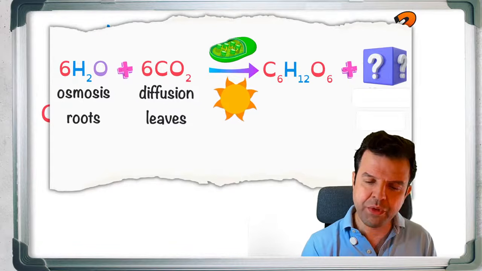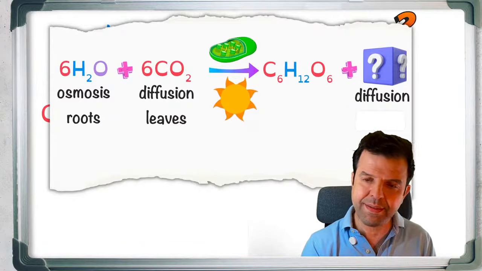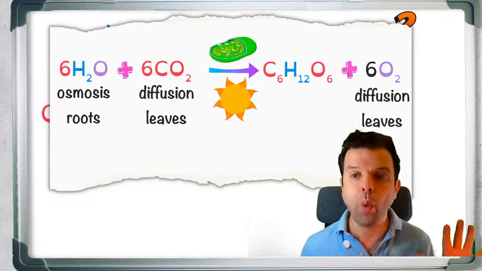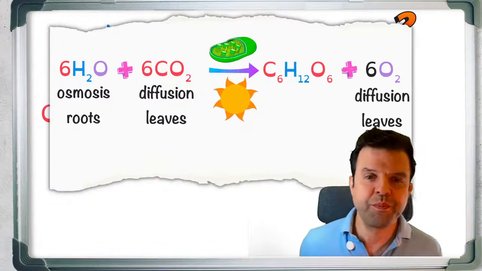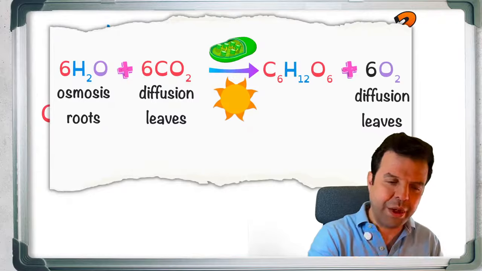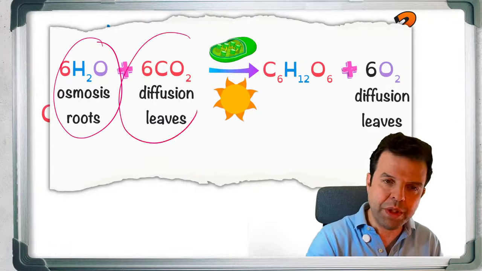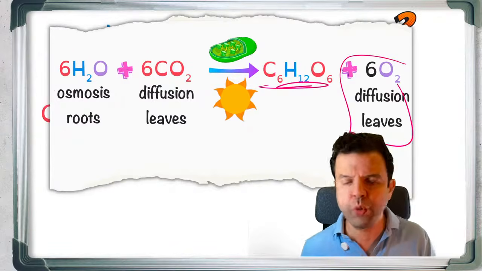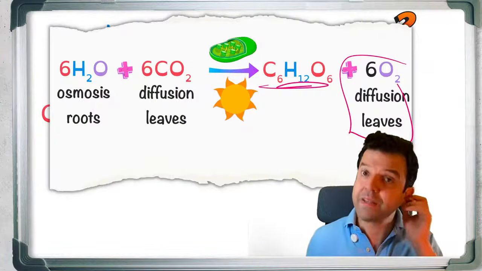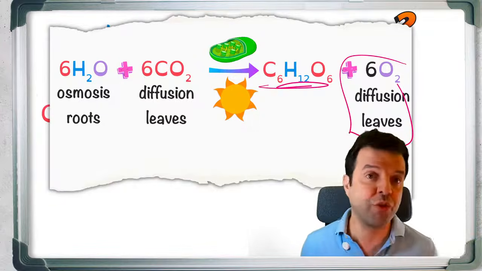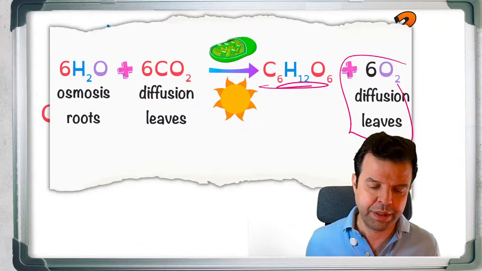Next comes oxygen. As I said, this oxygen at the end comes from the water. So once again, you have water, carbon dioxide, glucose and oxygen, which will escape from the chloroplast. It might be used for aerobic respiration, or it might be just diffusing out of the plant.